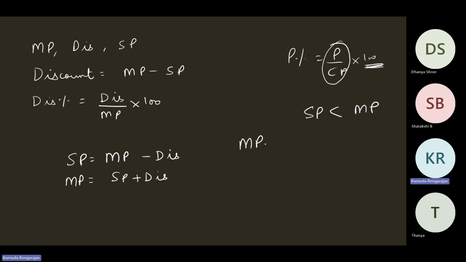Mark price minus discount will give you a smaller number, which is the selling price. Selling price plus the discount will give you a bigger number, which is the mark price, because mark price is always greater than the selling price. Discount is MP minus SP. So this is all you have to remember.